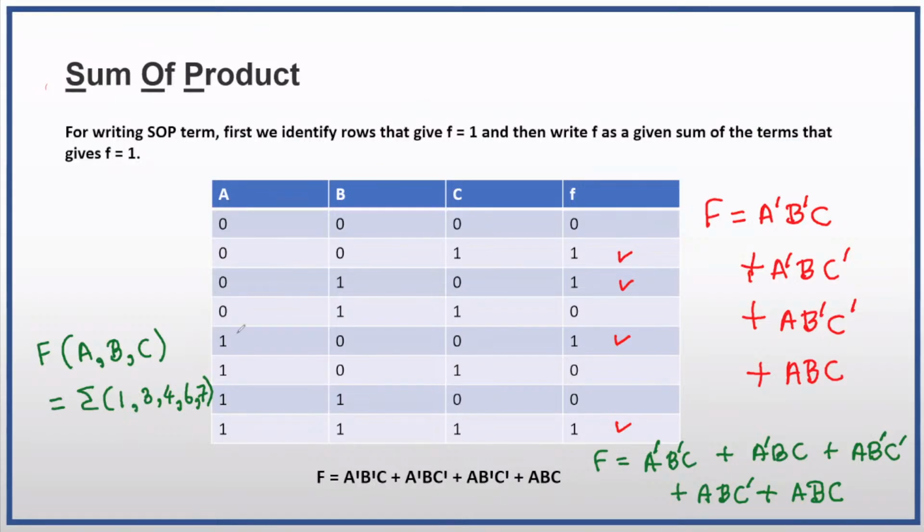Then you have to convert the false values to true values by using the prime or the complement. So this is how you can get the answer, the sum of products.